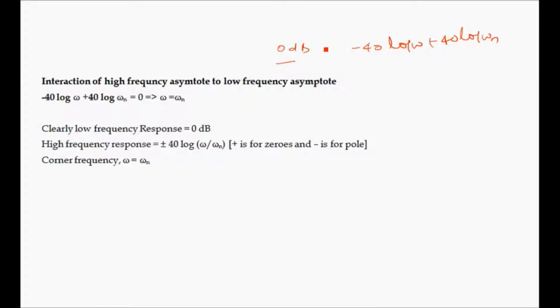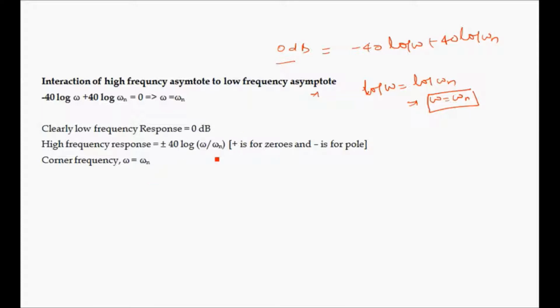If you keep these two equal, you get log omega equal to log omega n, so omega is equal to omega n. So this is the point where these two asymptotes actually meet, and this frequency is called the corner frequency.